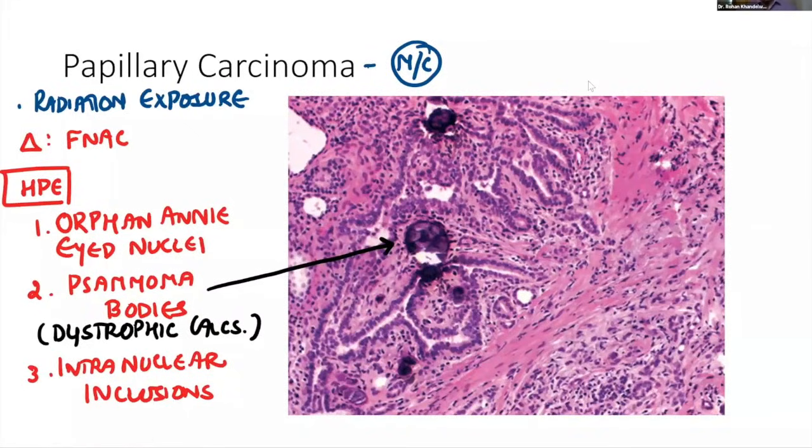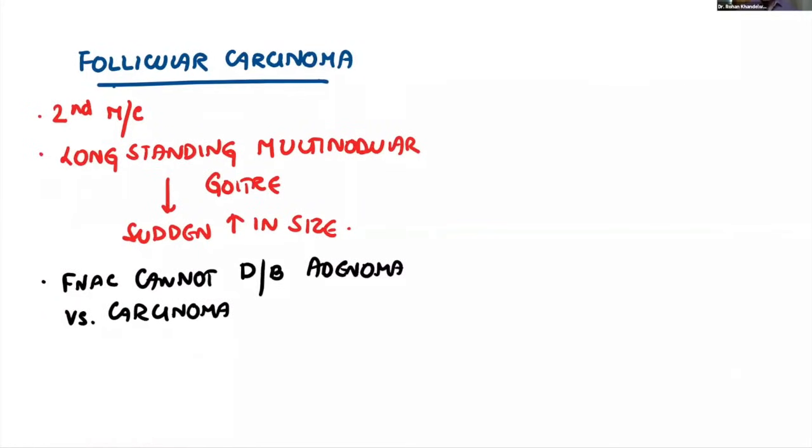Follicular carcinoma is the second most common thyroid cancer. Long-standing multinodular goiter is a risk factor. A very important clinical scenario for your exam: a patient with long-standing multinodular goiter shows sudden increase in size. A lot of students, because of the words sudden increase in size, get confused with anaplastic carcinoma.